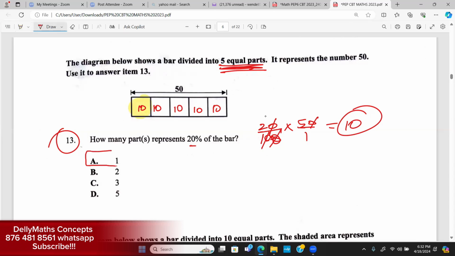So you could have just dealt with it like that. And I'm not saying that's the only way you could do it. So using percentage, we find 20% of 50, and it should give us 10, and we can see that 10 is actually 1 bar. So you could have done it that way. All right, let's keep going.